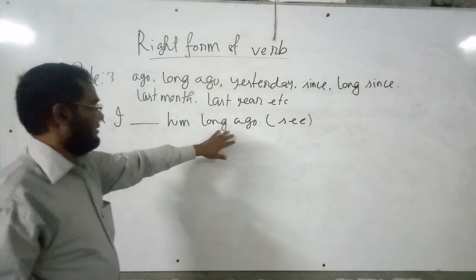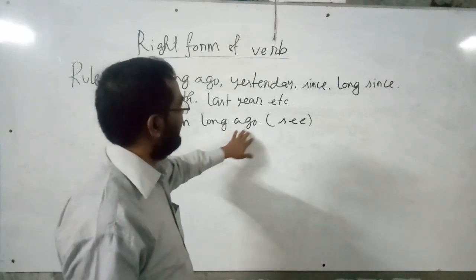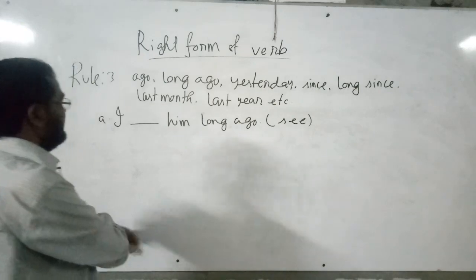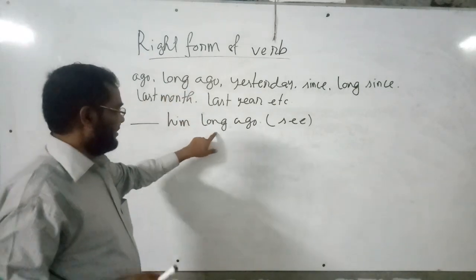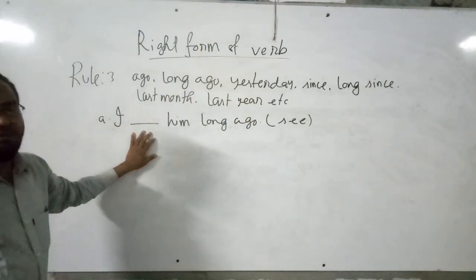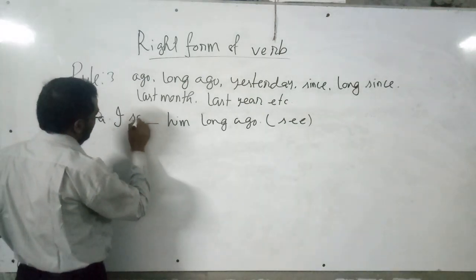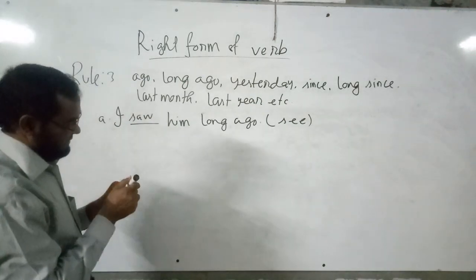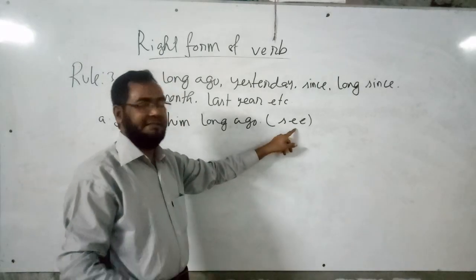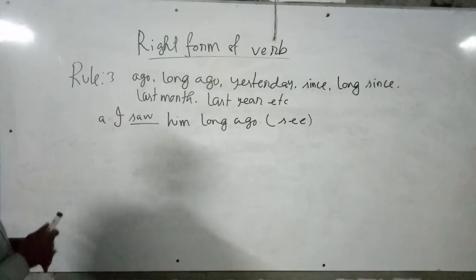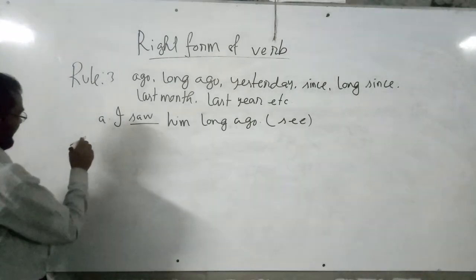I dash him long ago. "Long ago" is a word which is used in the rules. Because of "long ago" we have to use the past form of verb. That means "I saw." Saw is the past form of verb see.